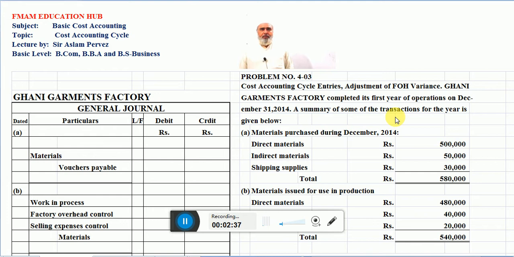Students, these are the transactions which are given in front of you. Now we read the requirement about this problem, which is below.